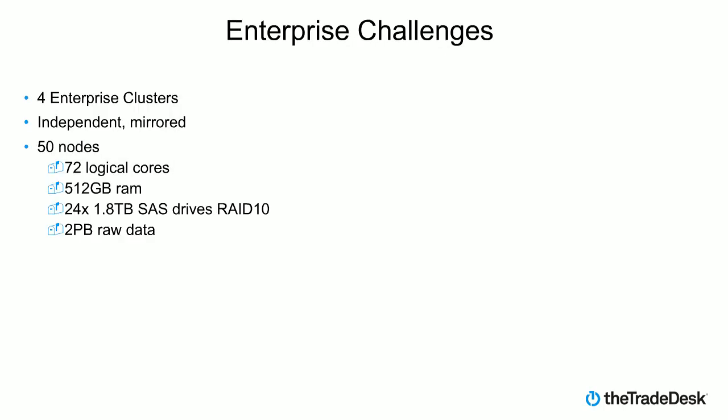So we had our enterprise clusters that I mentioned earlier, and just to give you some details on what they looked like, they were independent and mirrored. What that means is all 4 clusters held the same data. We did this intentionally because we wanted to be able to run our reports anywhere.